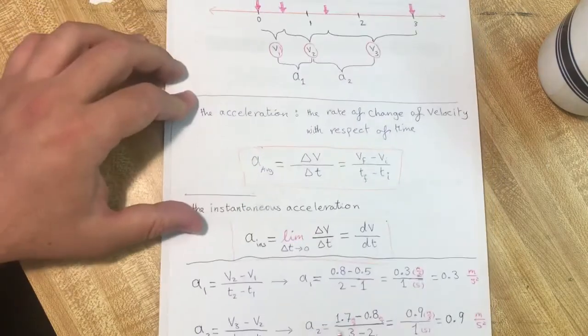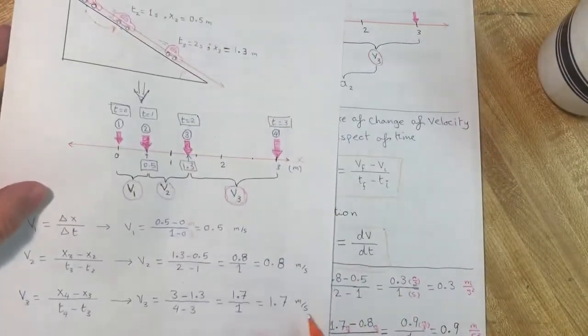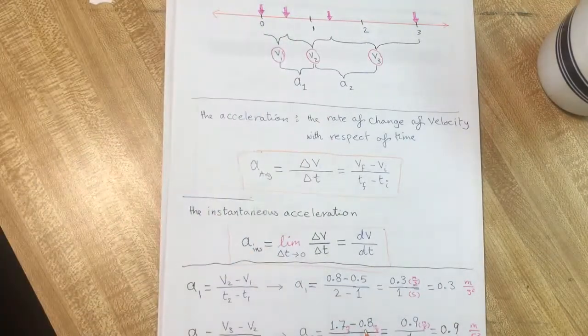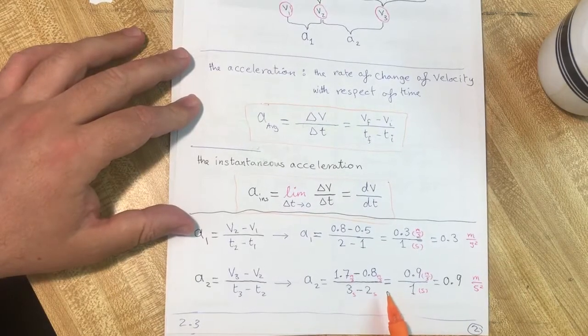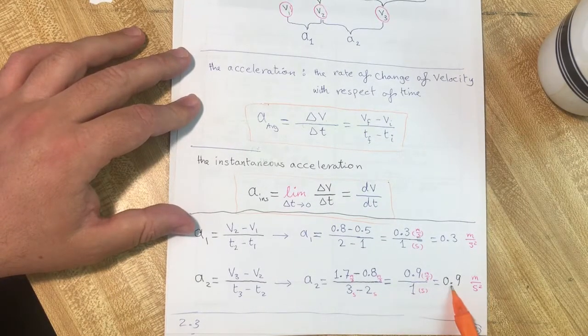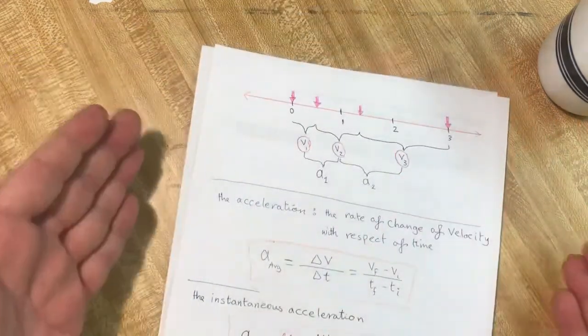The velocity v3, we computed it, is 1.7. v2 is 0.8. The change of time is 1 second. Then the acceleration will be 0.9 meter per squared second. This is the average acceleration between different periods.